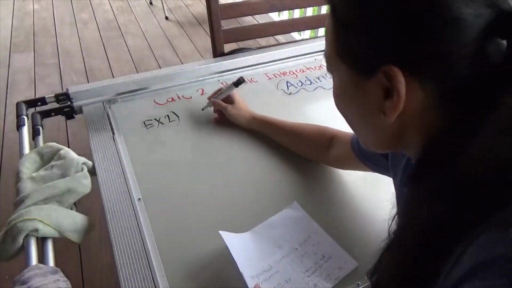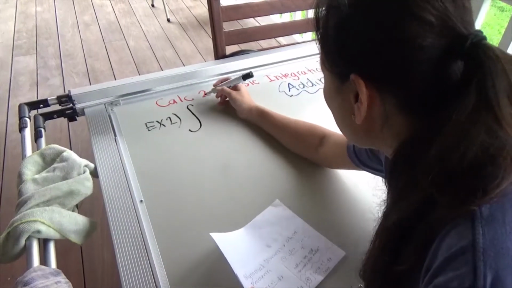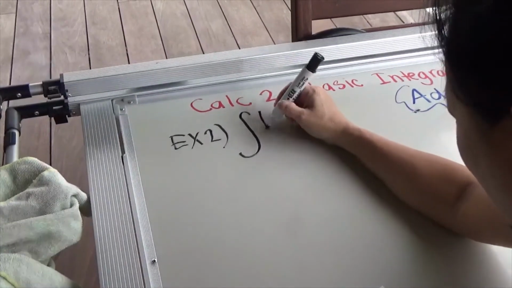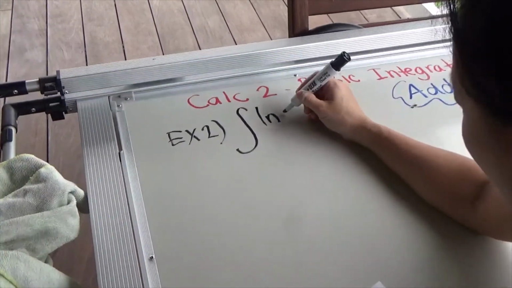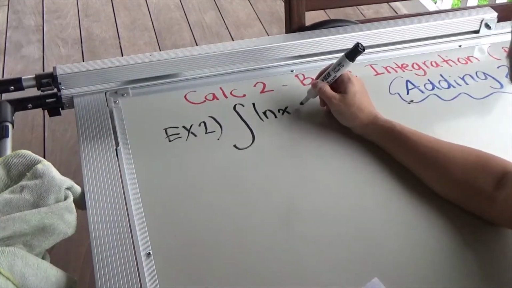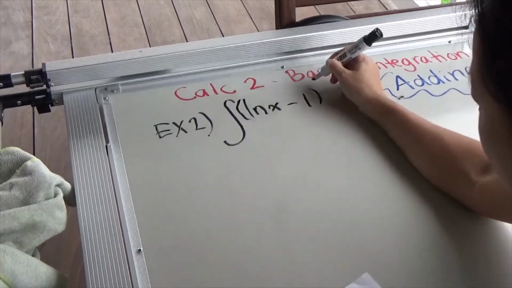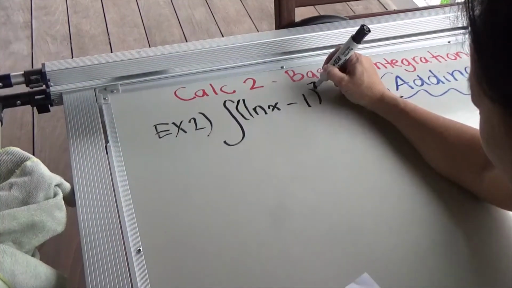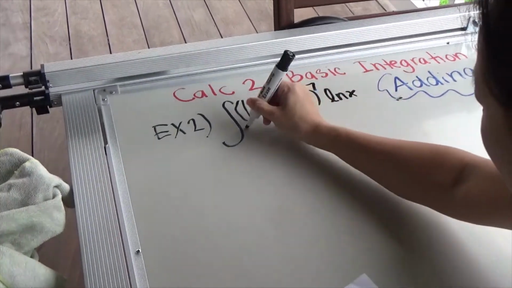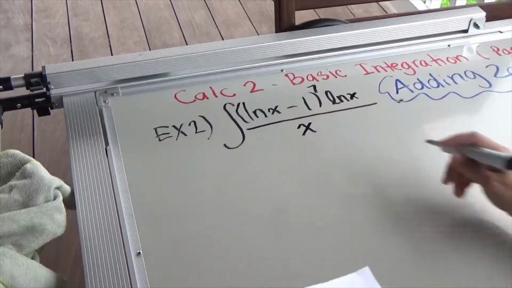All right. So the last of the basic integration techniques. This is probably one of the harder things to see. Suppose you have the integral of ln of x minus 1 all to the 7th power multiplied by ln of x all divided by x.